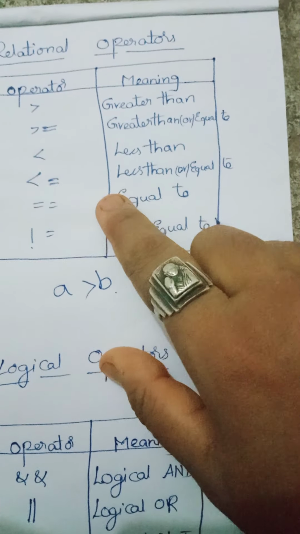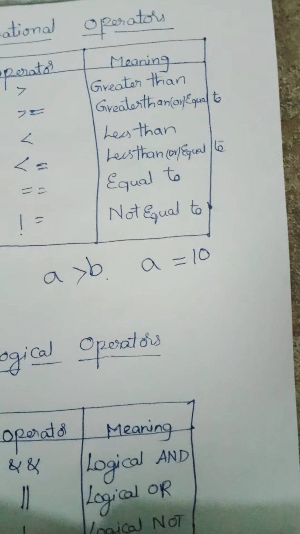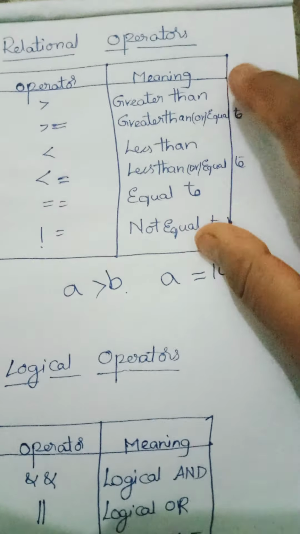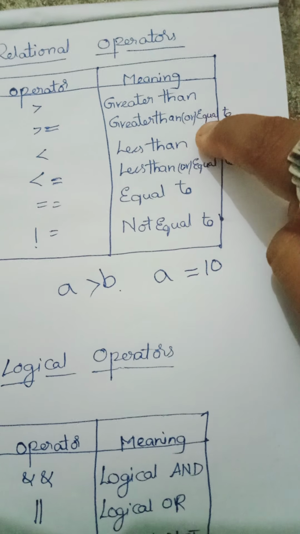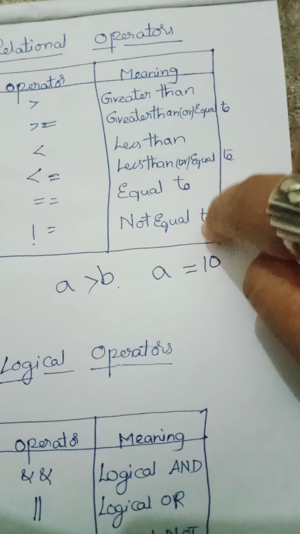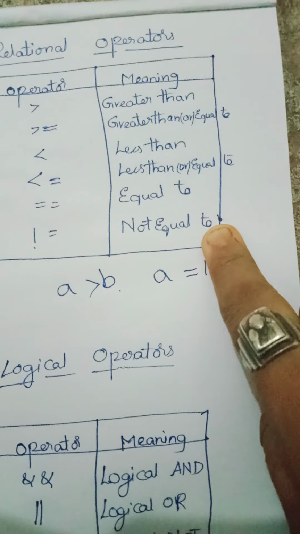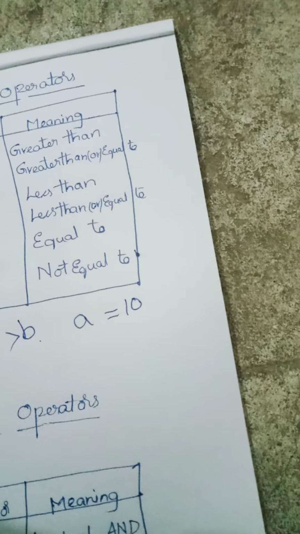C++ has 6 relational operators as shown below. What are they? Greater than, less than, greater than or equal to, less than or equal to, equal to, not equal to. Understood? These are the relational operators.